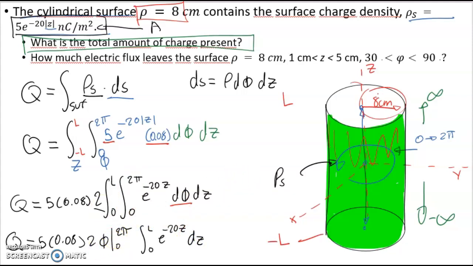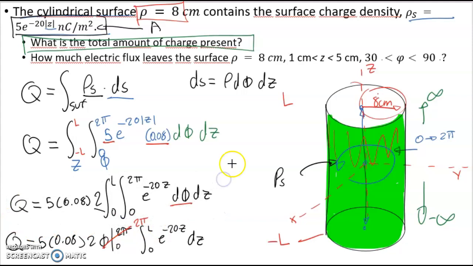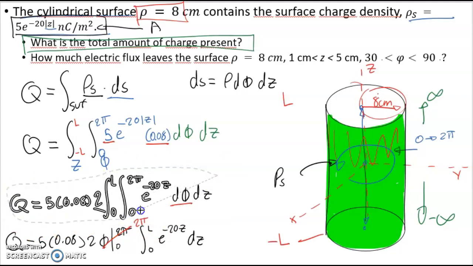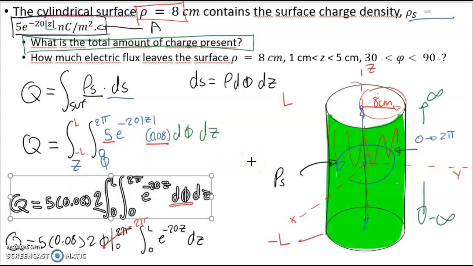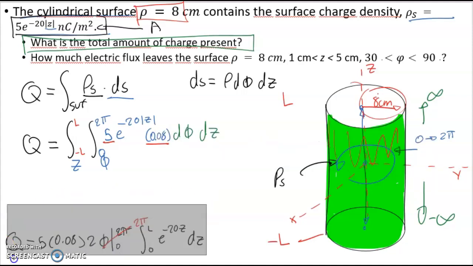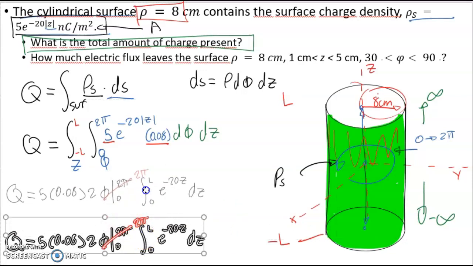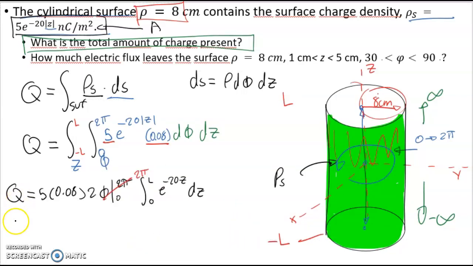This one will become 2 pi, so we can reduce everything to a simple integration.